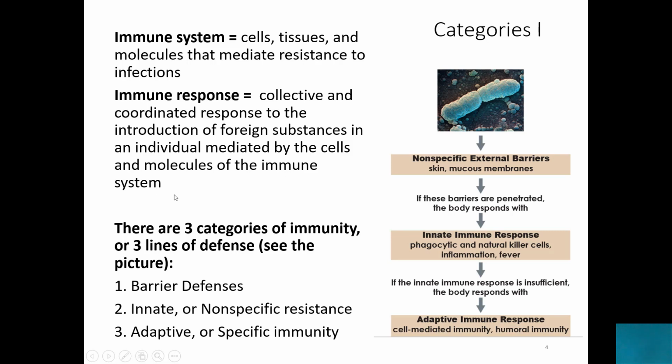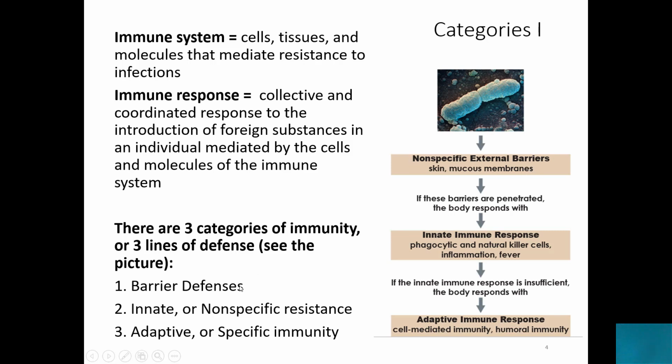So our immune system is made of 3 lines of defense, as we call them, or 3 categories of immunity. Barrier defenses, innate or non-specific resistance, and adaptive or specific immunity or resistance. How does it work? First, bacteria or virus try to get into the body, and barrier defenses prevent the entrance.